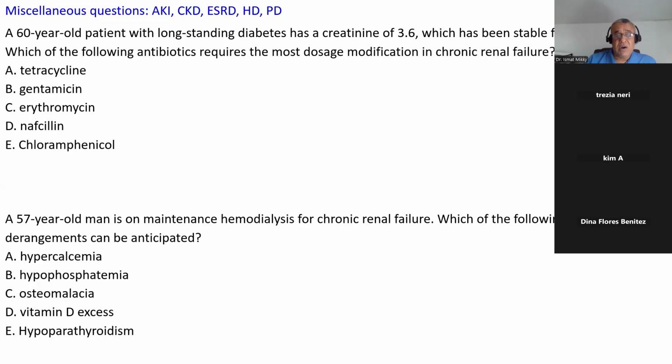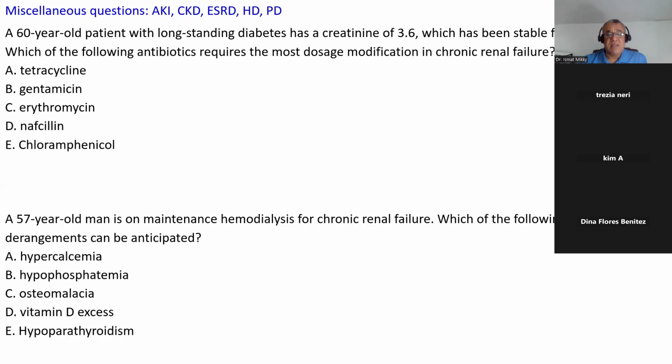So remember this, aminoglycosides like gentamicin, vancomycin, cephalosporins, penicillins, sulfonamides. All these medications can lead to chronic renal failure.